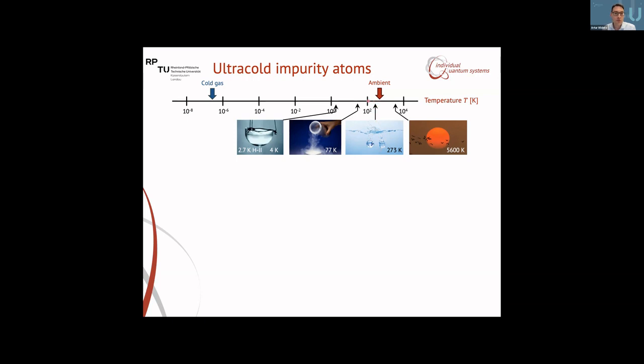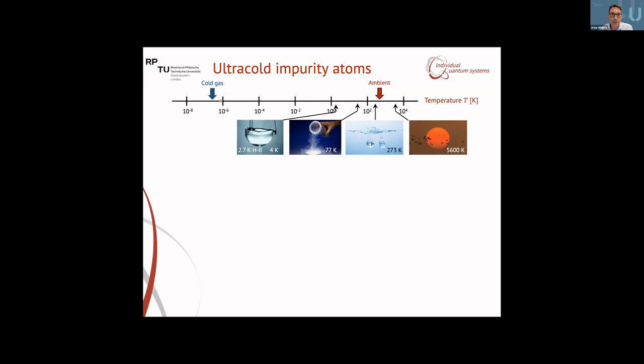If you cool this further down, then you come to a point where you get liquid nitrogen, or the coldest liquid that we have, that is helium, that can be either a relatively normal classical liquid or a superfluid. But what we produce is orders of magnitude colder, in the range of sub-microkelvin, so fractions of a millionth of a degree above absolute zero.